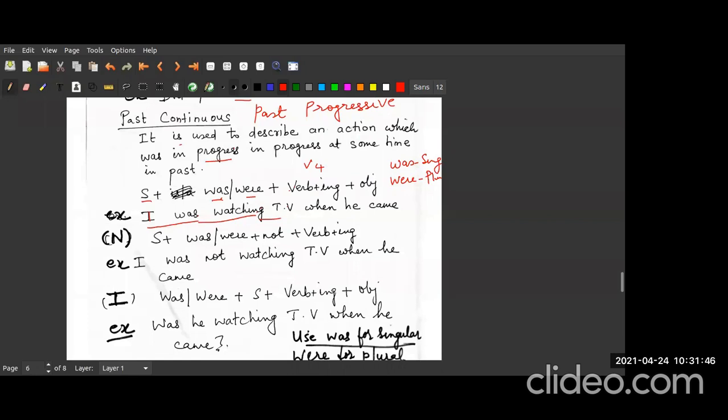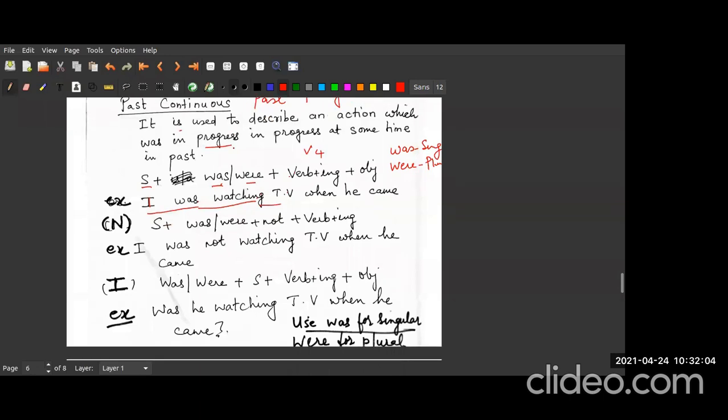So what is the use of the tense? It is used to describe an action that continued at some time in the past. I was watching TV when my friend came. The action was happening at some time in the past.